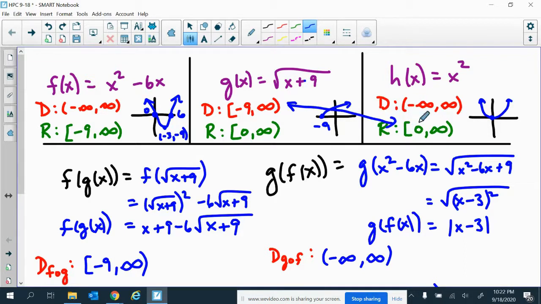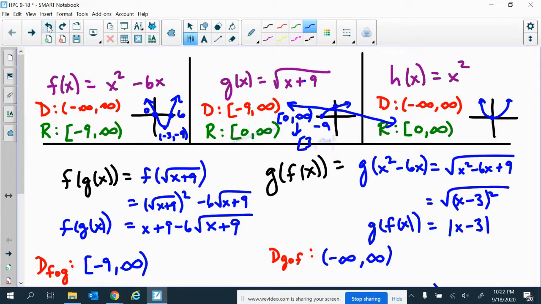Now, if I take a look at 0 to infinity, that does shrink this a little bit. And it does shrink the range a little bit of what would eventually become the range in my new function.